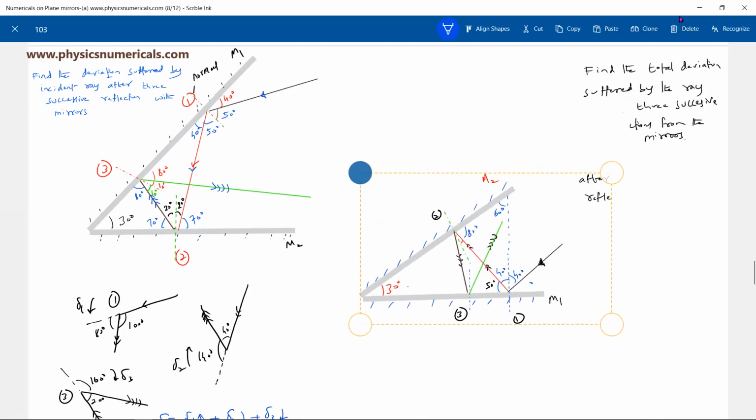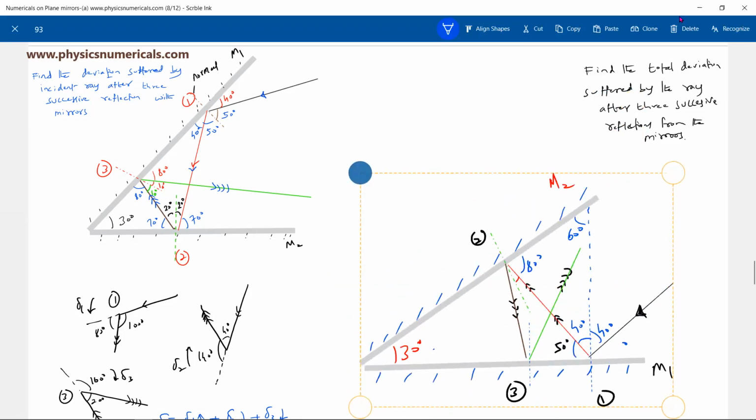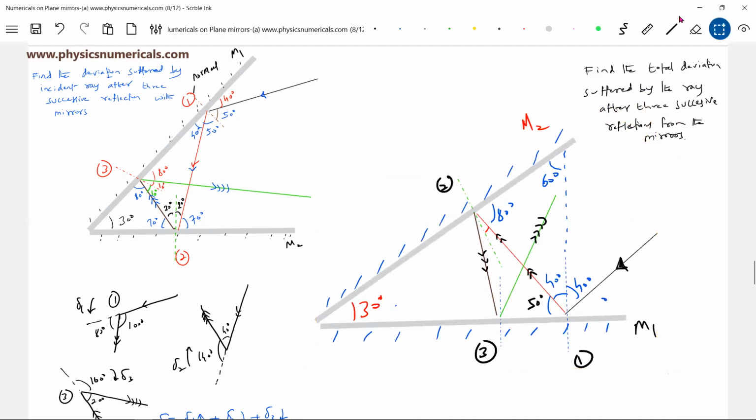We'll bring the... I'll magnify. Yeah. So what can be this angle? This angle should be 10 degrees. This angle also should be 10 degrees.